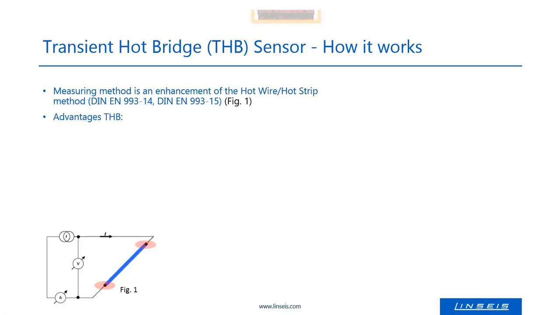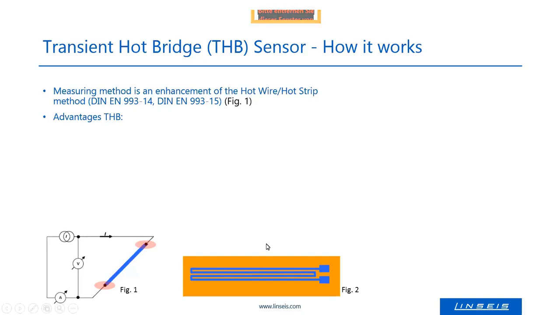The goal to develop the transient hot bridge method was to get rid of the disadvantages of the classical hot wire method. And there are some steps in the development to make this possible. So here is how the sensor looks like. This is one heat wire or heat stripe. You can see it is folded a couple of times, and it's what we call meander shape.